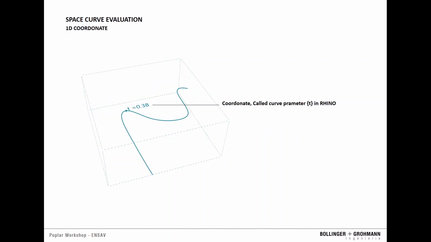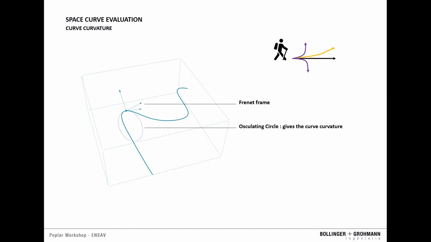If we go back to only one curve, then you can evaluate it with one parameter. And as it is still in space, you have a notion of curvature. And if you imagine that you are walking on the curve, then you can imagine how you get up or down and how you turn right or left.